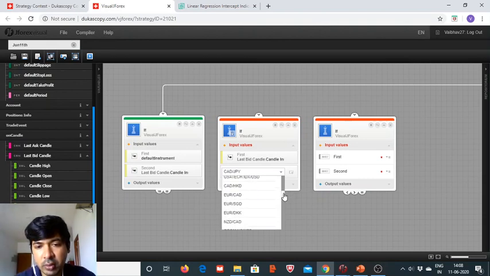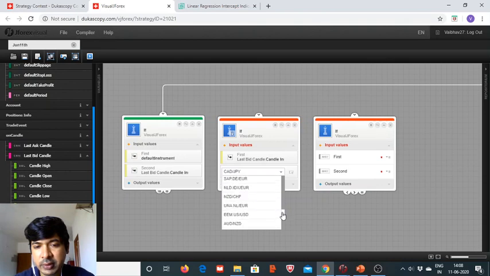And where is the Euro USD? We have to hard code it just to make sure that unintended trading doesn't happen.